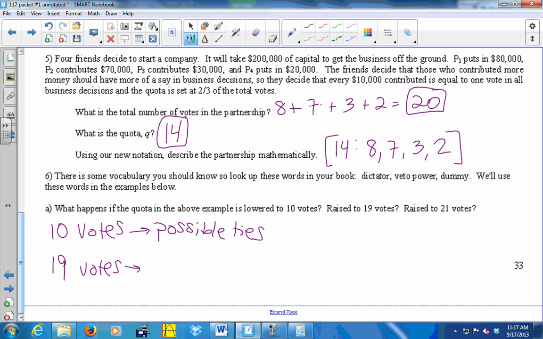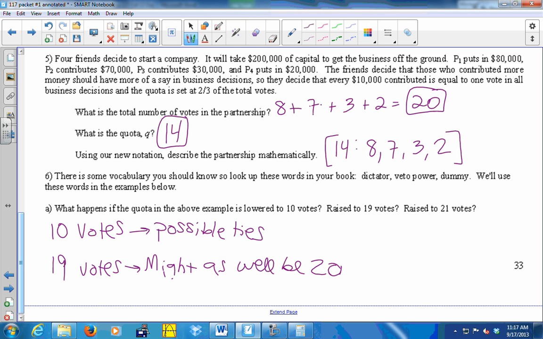If I add everybody else up, I get 8 and 7 is 15 and 3 is 18. So 19 votes is basically the same as unanimous, right? If I set the quota at 19 votes, might as well be 20.